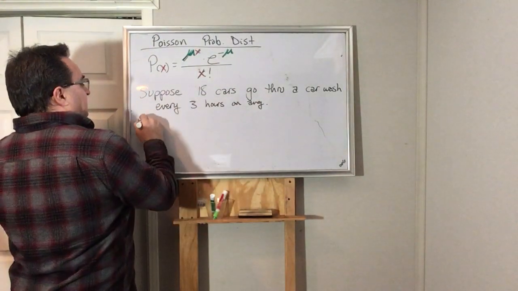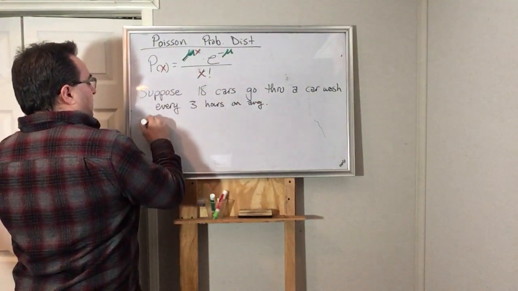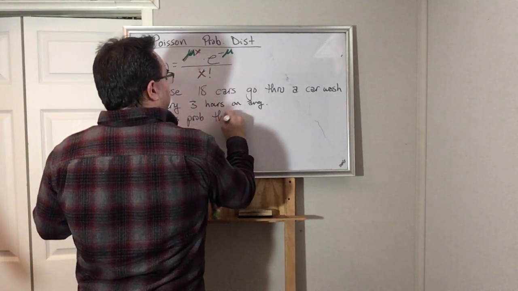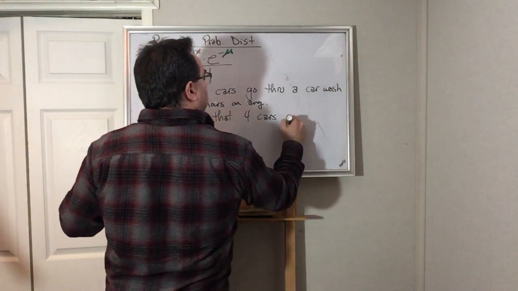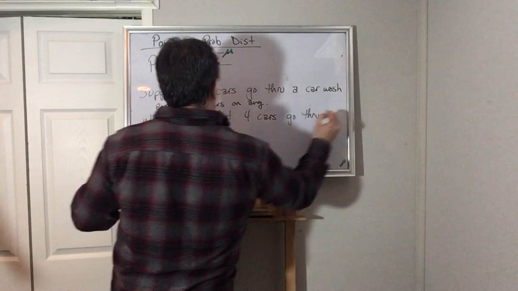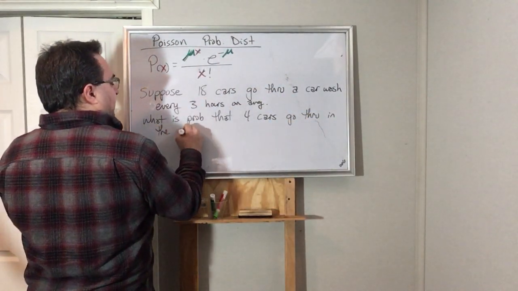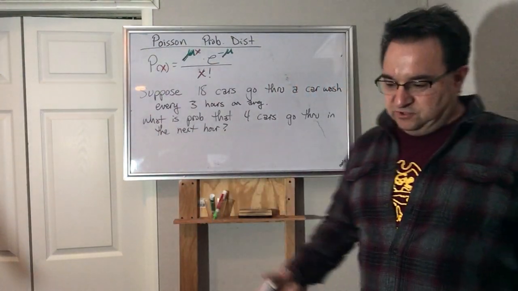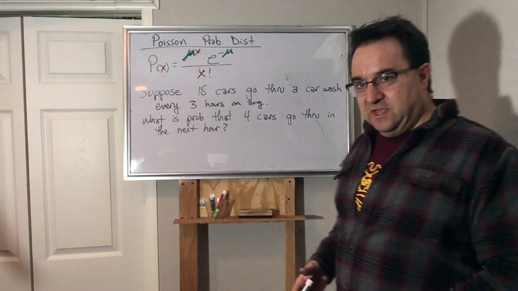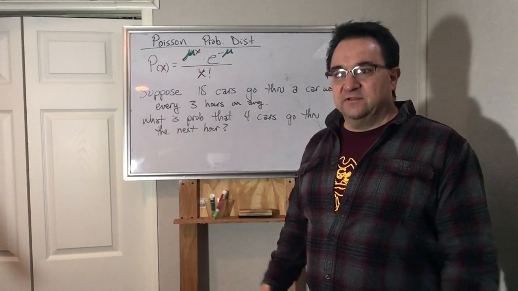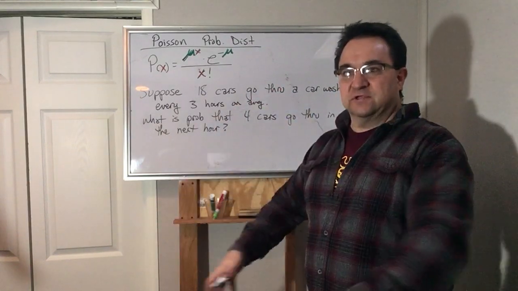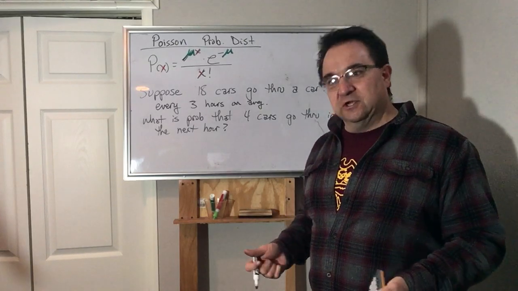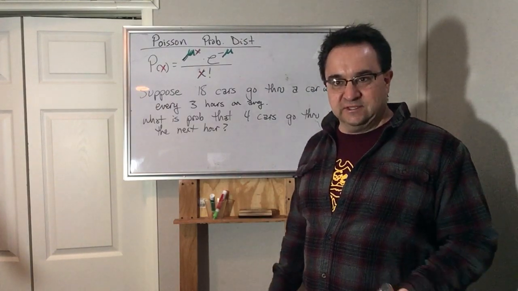Given that fact, what is the probability that 4 cars go through in the next hour? See, this is what Poisson distributions are set up for. If you have data on averages over time periods, then you can apply it to future time periods, right? And you can make predictions. What are the odds this is going to happen? You don't know for sure, but we can get a feel for how likely something is.